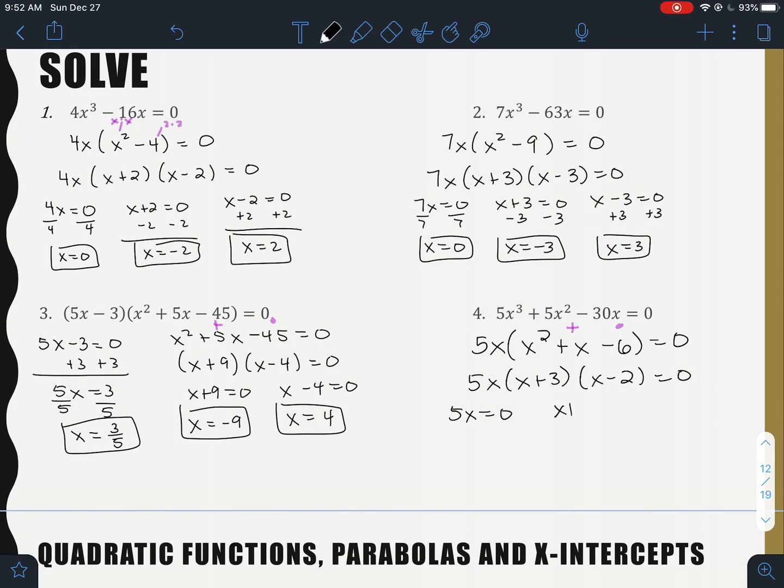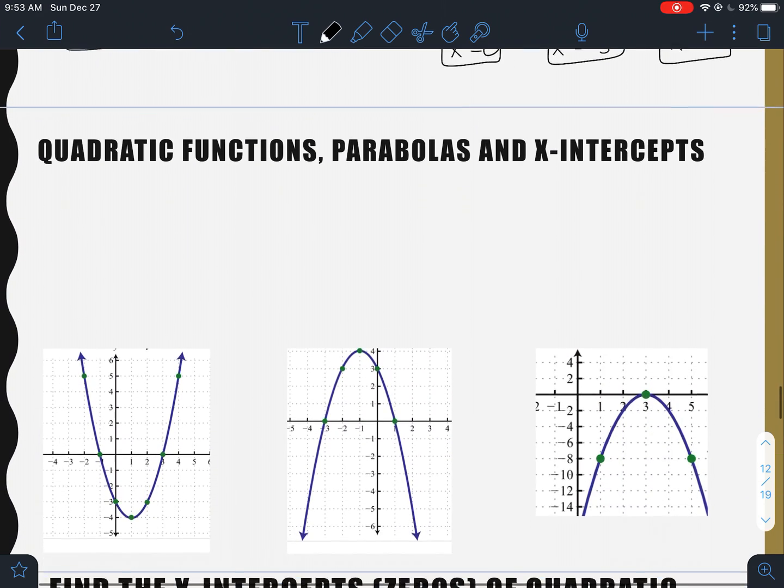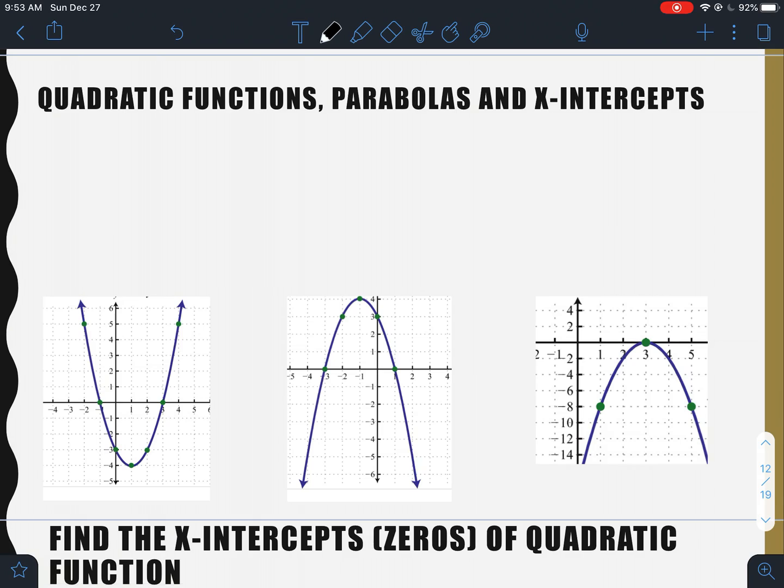It would be x plus 3 and x minus 2. And now set each factor equal to 0. So either 5x equals 0, x plus 3 equals 0, or x minus 2 equals 0. So your three solutions are 0, negative 3, and positive 2. And that is solving quadratic or polynomial equations.